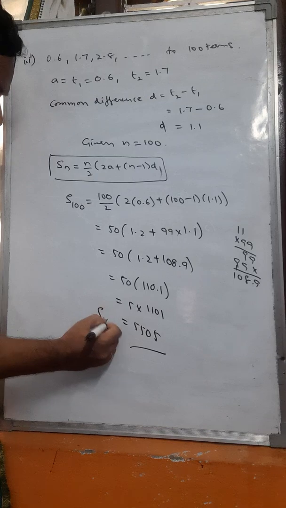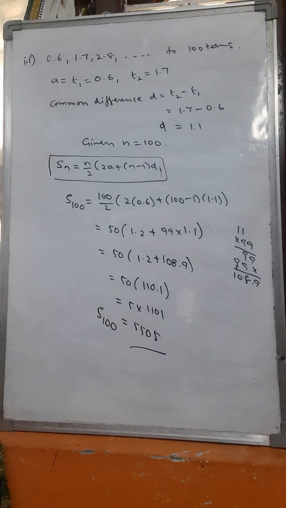So the sum of the 100 terms is equal to 5505.